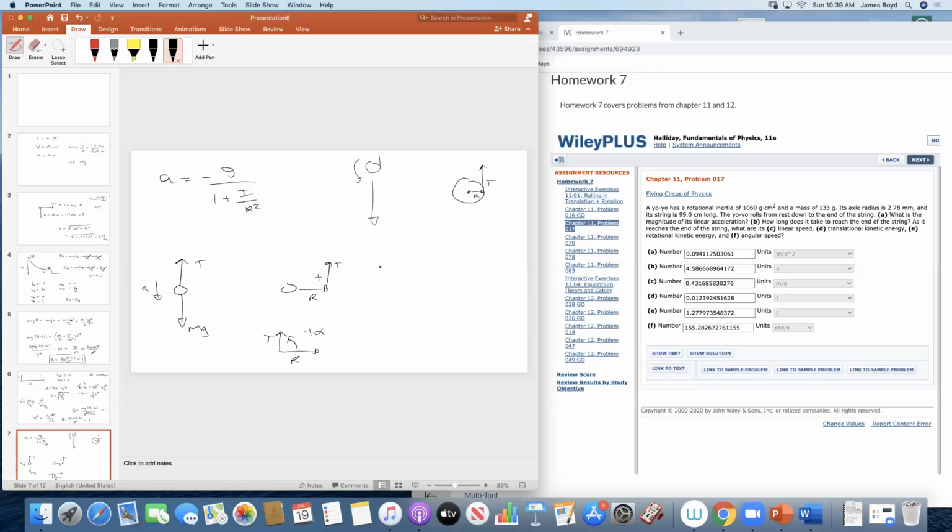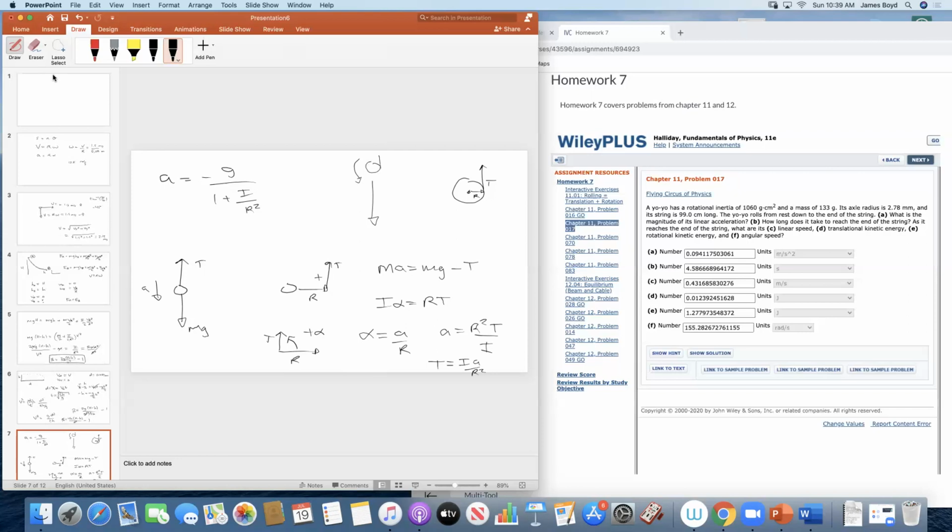And so what we get here is MA is mg minus T. From the torque equation, we get that I alpha is RT. Noting that alpha is A over R, we get A is R squared T over I, or better yet, that T is IA over R squared.